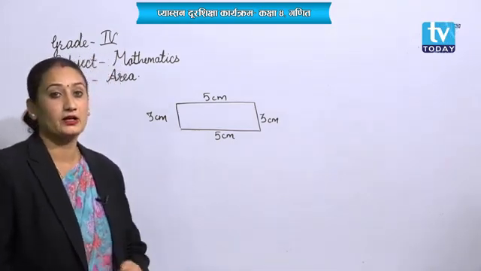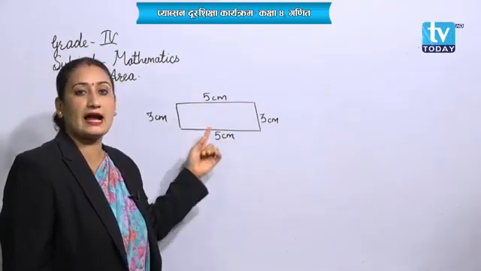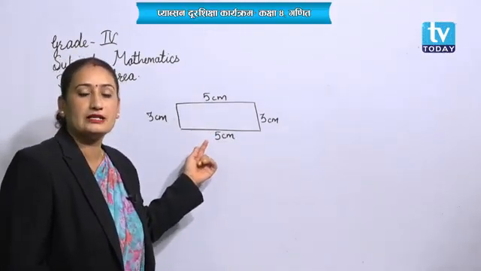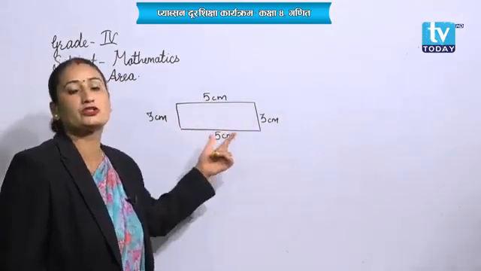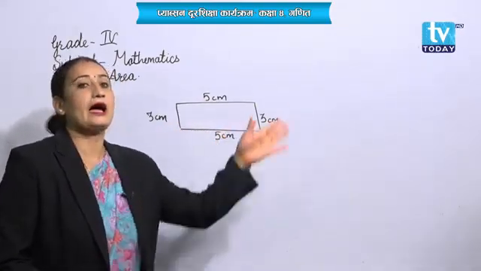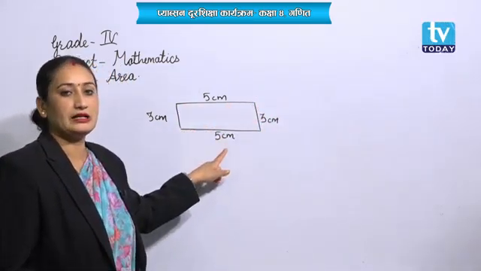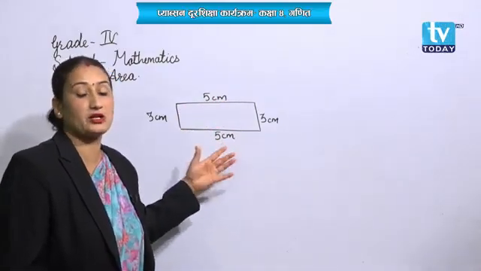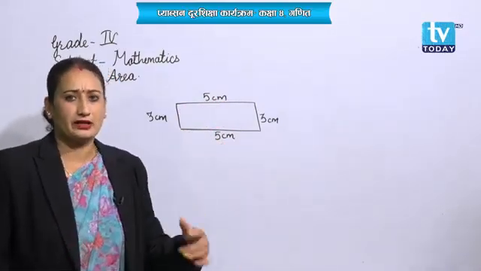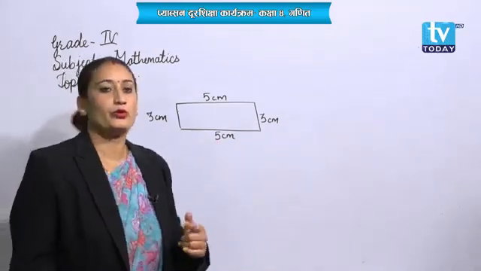Have you noticed, two sides have the same unit, and the next 2 sides have the same unit but it does not match the 5 cm, right? That means opposite sides are equal.